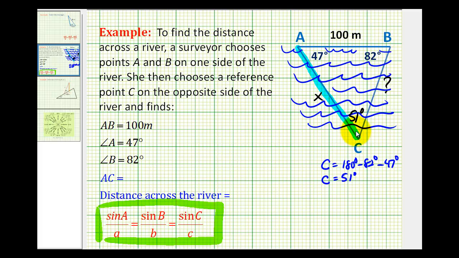Our proportion is going to be the sine of 51 degrees divided by the length of the opposite side, which is 100 meters, must equal the sine of 82 degrees divided by x.